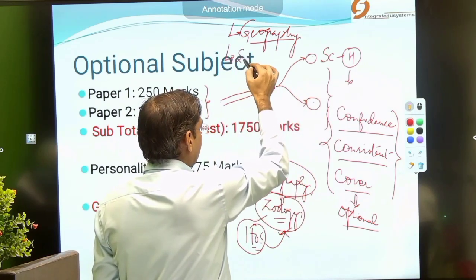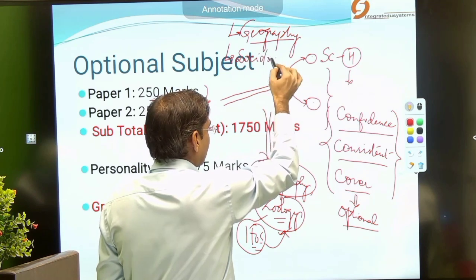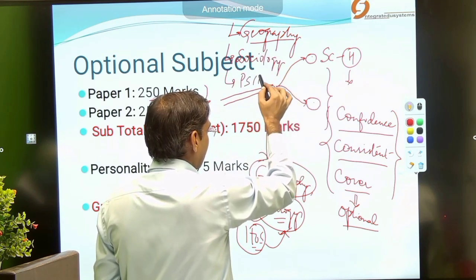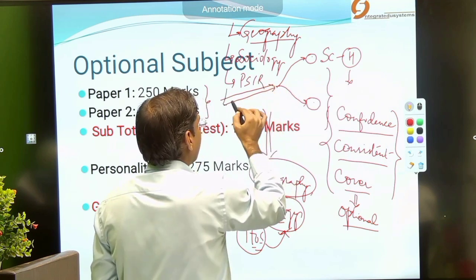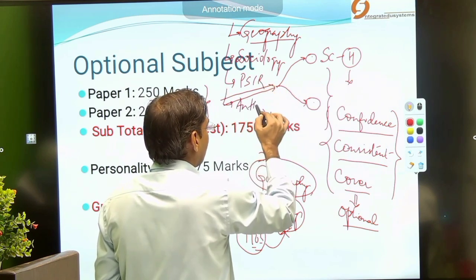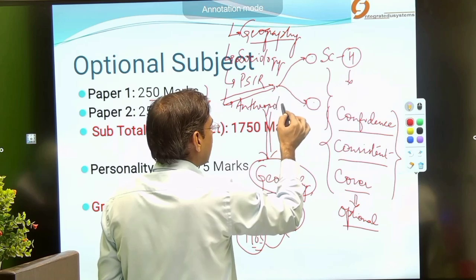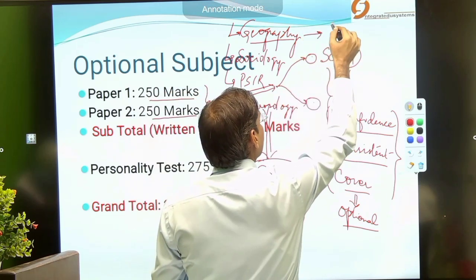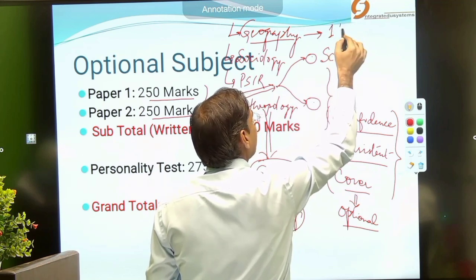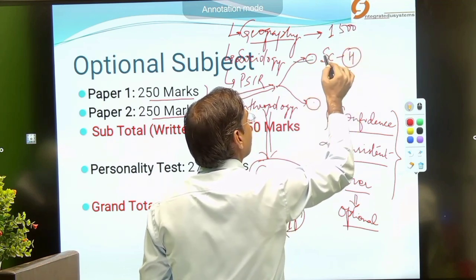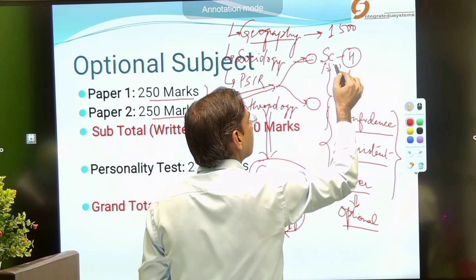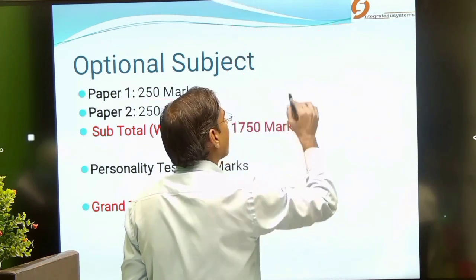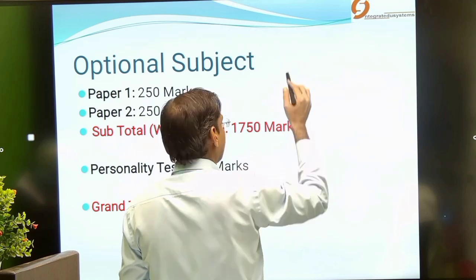These subjects are geography, sociology, political science, IR, as well as anthropology. When I went through the statistics of these subjects, I found that more than 1000 candidates, somewhere around 1500 candidates, appear from these subjects in the optional paper.